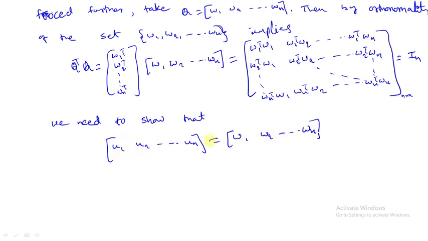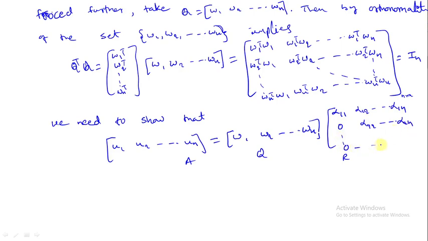Suppose it is converted in matrix form, so that A is converted to Q. This requires another matrix, and that matrix is R. We don't know this unknown matrix, so I'm taking it as an upper triangular matrix: alpha 1 1, alpha 1 2, and so on up to alpha 1 n, then 0, alpha 2 2, up to alpha 2 n, and so on, down to 0 and alpha n n.